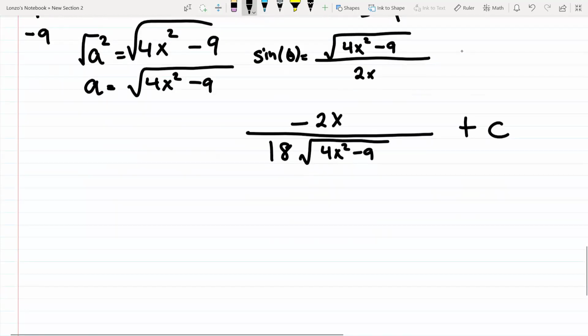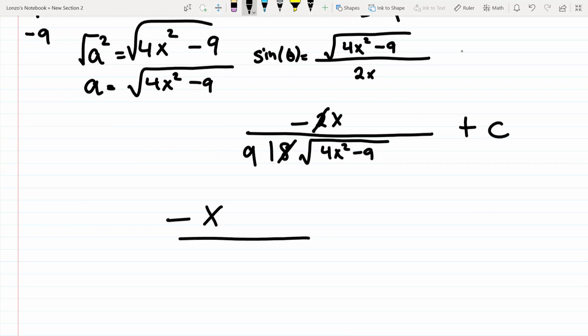Then you can simplify the negative 2 and the 18, which can be reduced by 9. So my final answer is negative x over 9 square root of 4x squared minus 9 plus c. Okay, and that's your final answer.